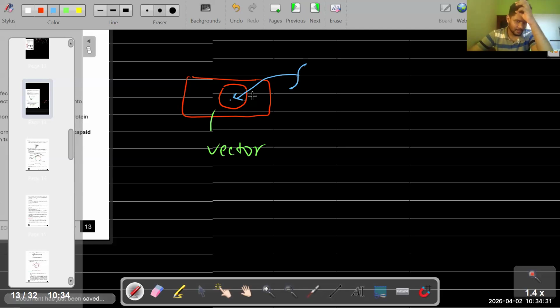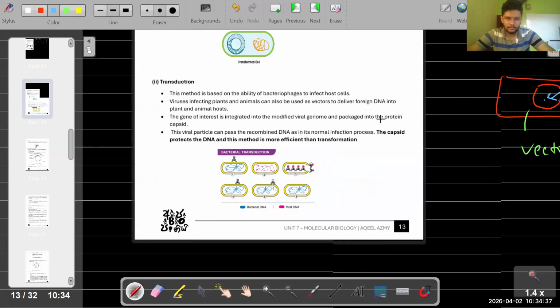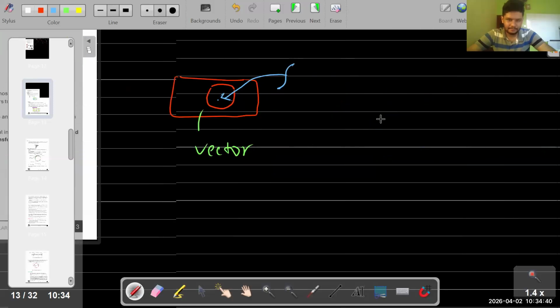Viral genome means the collection of genes in the virus. Right? See here, viral genome. Is that clear? Yes. So after that, what happens? It will be looking like this.